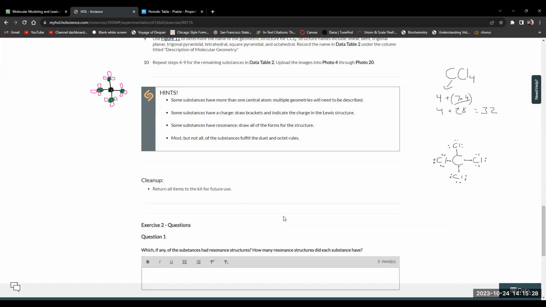I'll go over it. Most but not all of the substances fulfill the duet and octet rules. So, like again, hydrogen doesn't follow octet. It only wants two valence electrons, or in other words, it only wants one attachment.